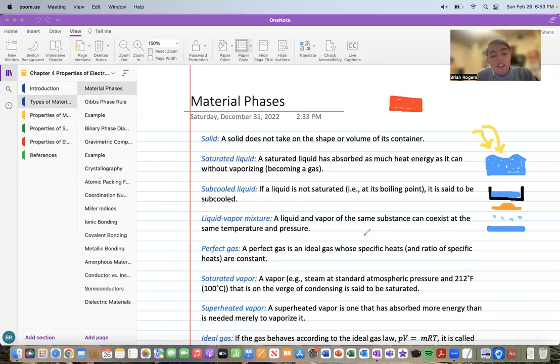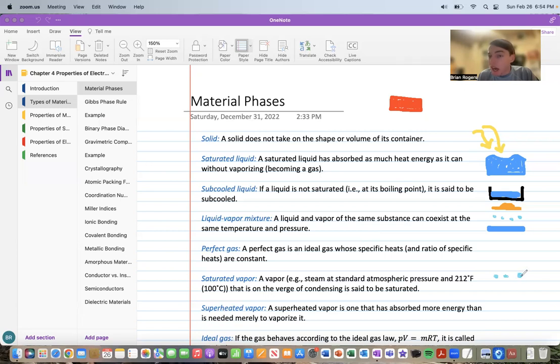Then we're going to get saturated vapor, which is basically a vapor that's on the verge of condensing. So if you think about vapor, like we talked about, if there are water particles in the air, we have our vapor here, the vaporized liquid.